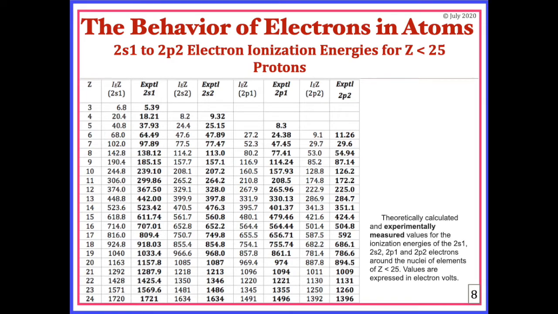Predicted 129, measured 126. Or the Z equals 24 row. Predicted 1720, measured 1721. Predicted 1634, measured 1634. Predicted 1491, measured 1496. Predicted 1392, measured 1396. These differences are well under 1%.